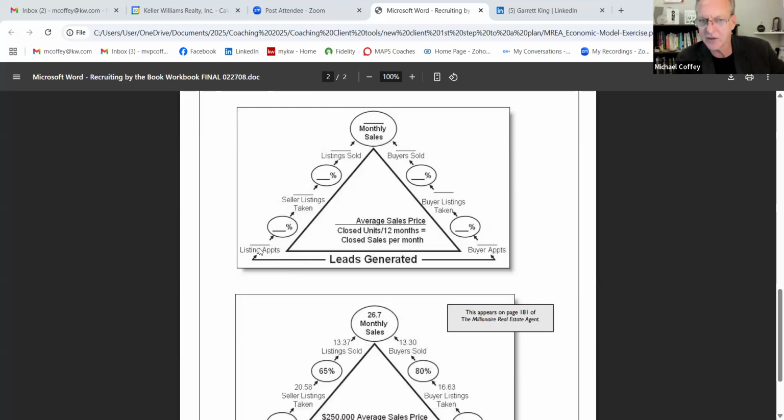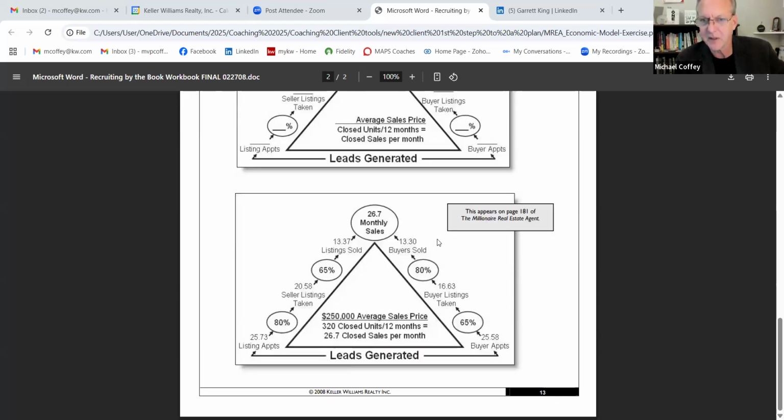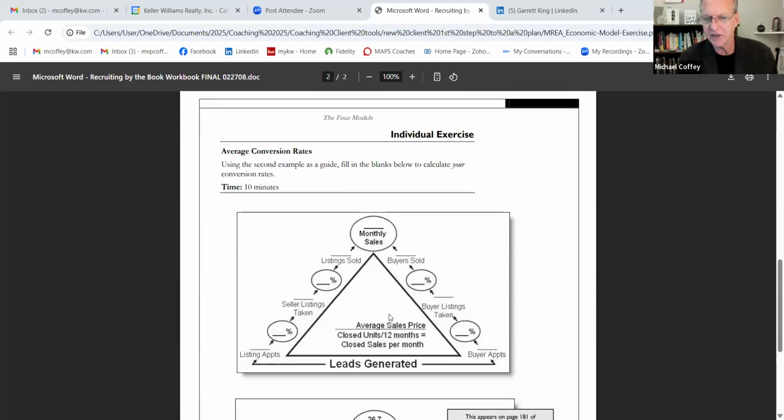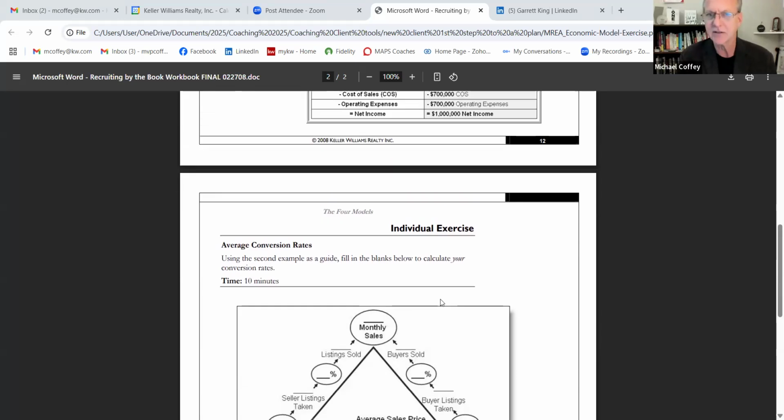And what's your conversion rate for the listing appointments you've gone on to the listings that you've signed? And the same on the buy side, right? So here are the averages from the MREA book, Millionaire Real Estate Agent book. Again, your averages are going to be different. Your goals may be different, yet you can use these to determine your leading metrics.